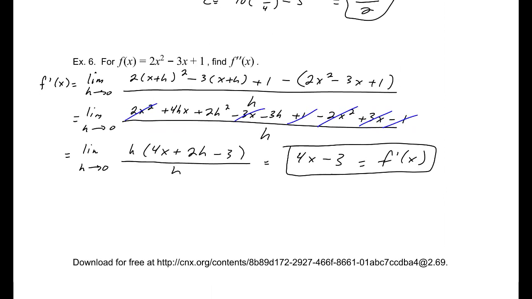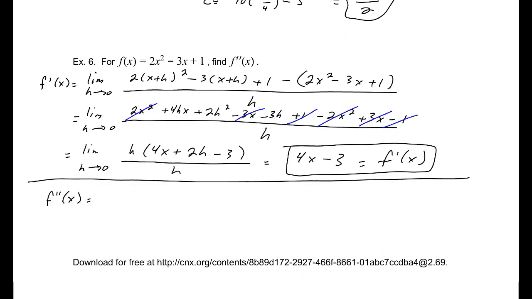All right, so to find f double prime of x, we're going to start with f prime of x, that function, and do the same idea. So the limit as h goes to 0 of f of x plus h, that is 4(x plus h) minus 3 minus (4x minus 3) over h.